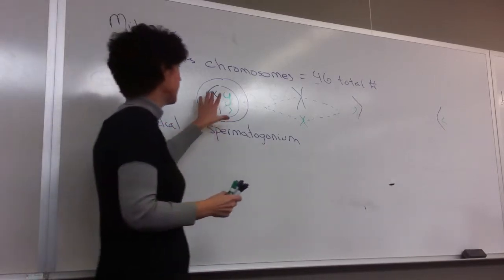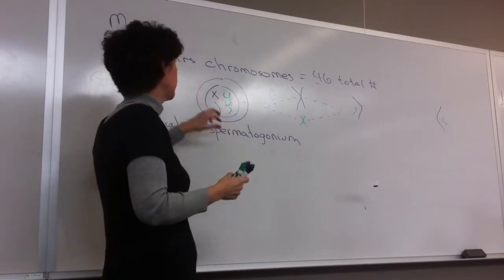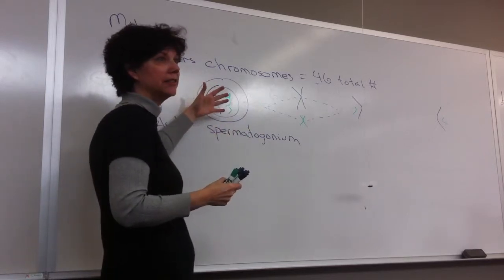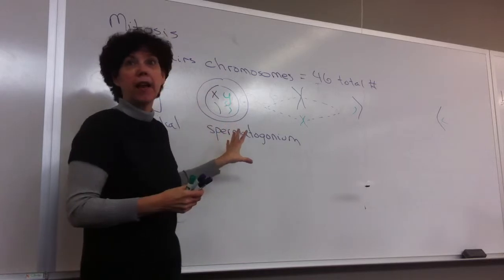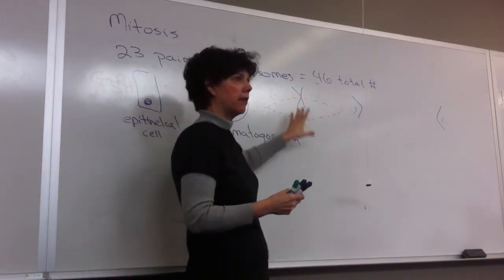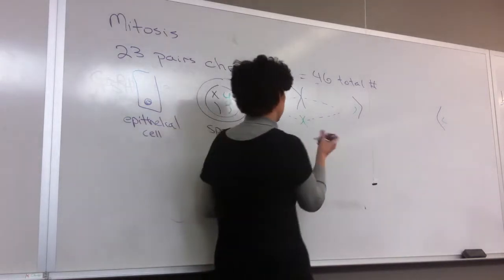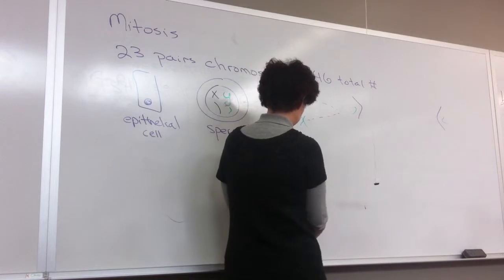So we would have, obviously, the X coming from the mother. But for chromosome 10, we would have a chromosome 10 from the mother and a chromosome 10 from the father. Right? Each of those chromosome 10s from the mother and the father would duplicate as sister chromatids. So the term sister chromatid is used here.